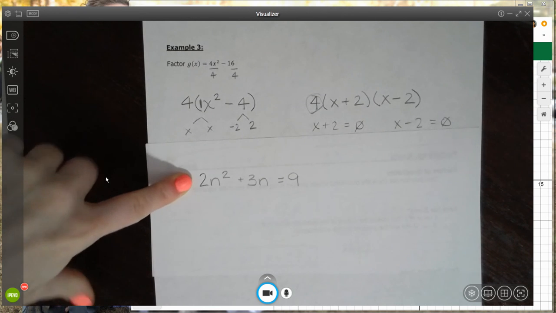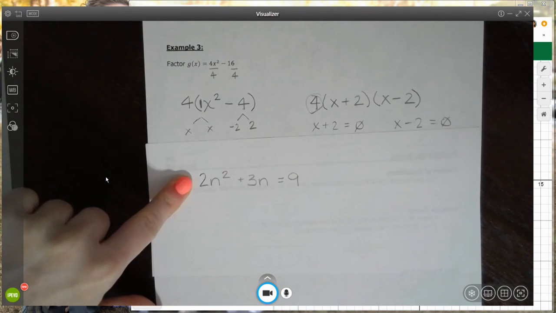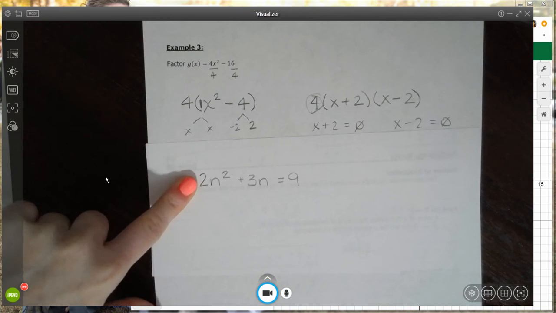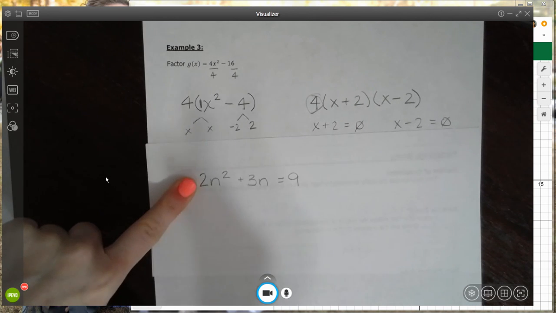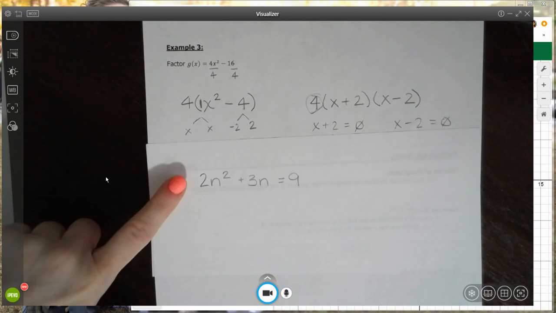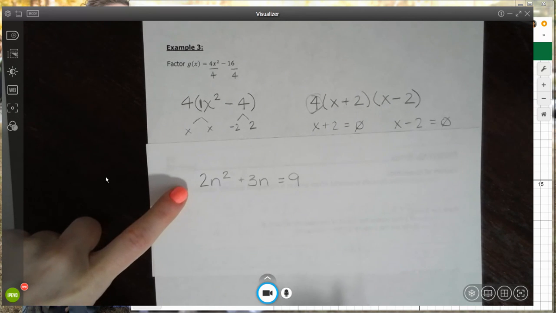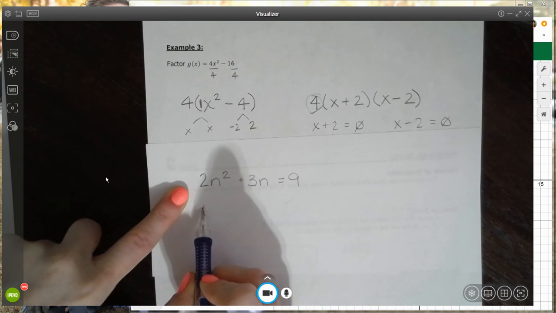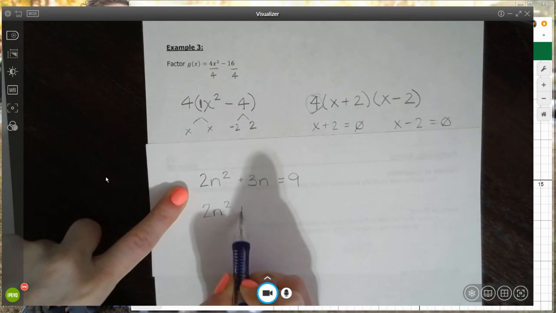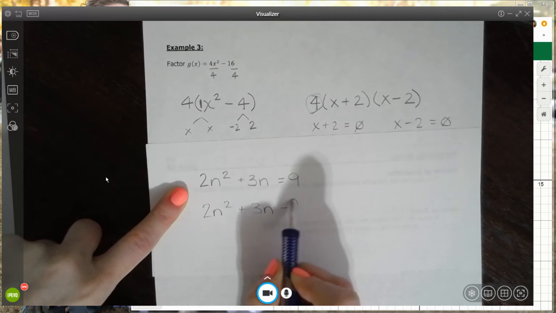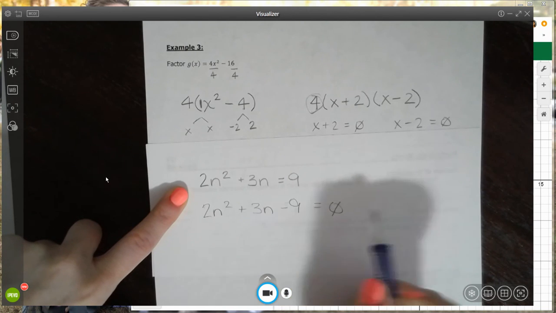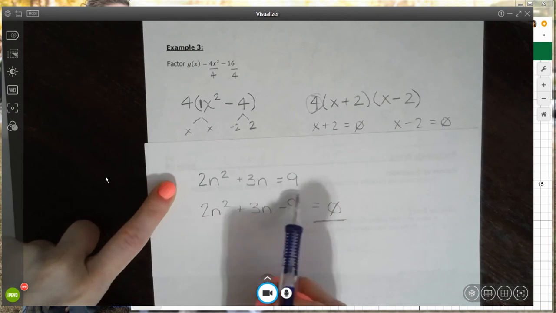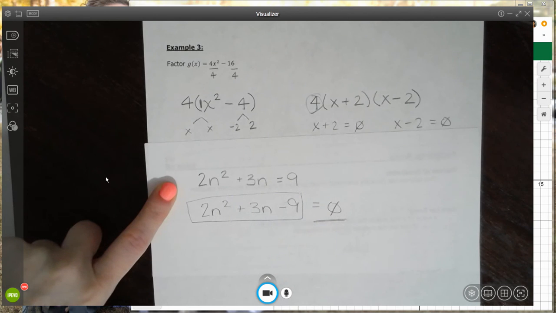You can't do anything with these until all of your terms are together on the same side and 0 is by itself. It has to be equal to 0. So I'm going to subtract 9. So I would see 2n squared plus 3n minus 9 equals 0. And now since I have equals 0, I'm good to start factoring that.